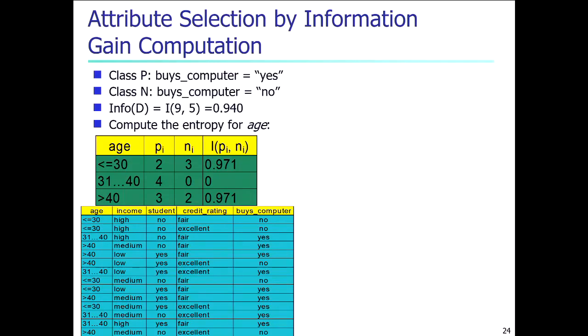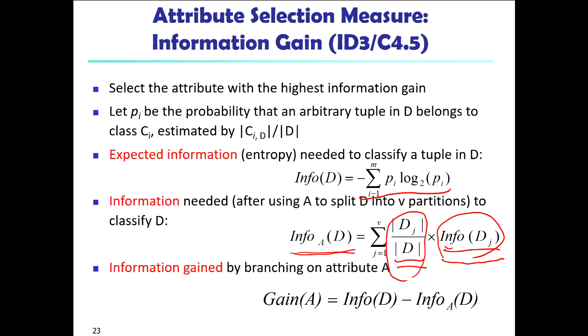So for the whole data set D, we have labels equal to yes, we have nine samples, which is here, and class N we have 5 samples. So the information of D, or say the entropy of D, is 0.94. You simply use the formula here.